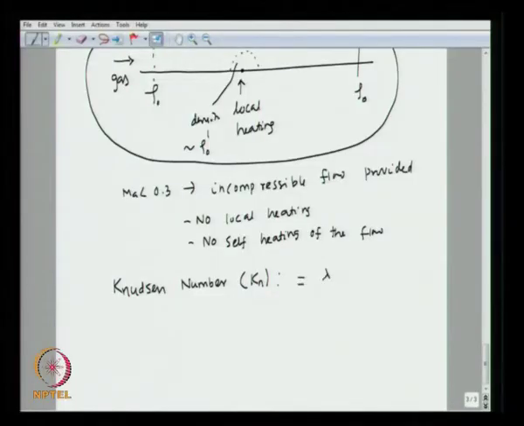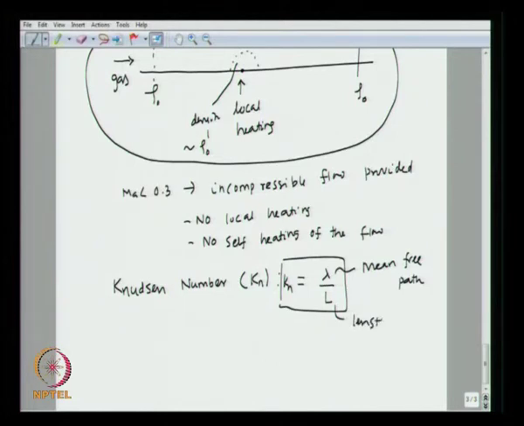So Knudsen number is lambda over L. So that is lambda is the mean free path and L is the length scale of flow.